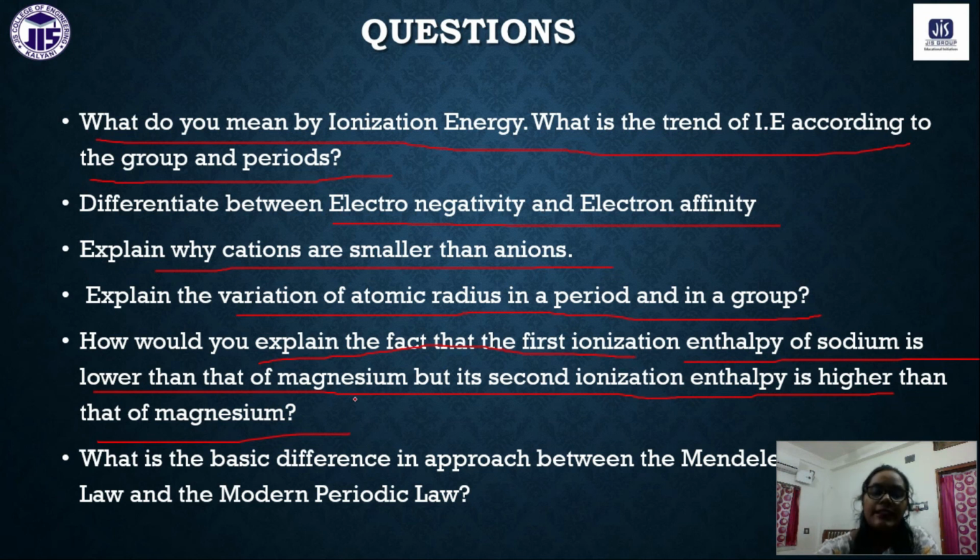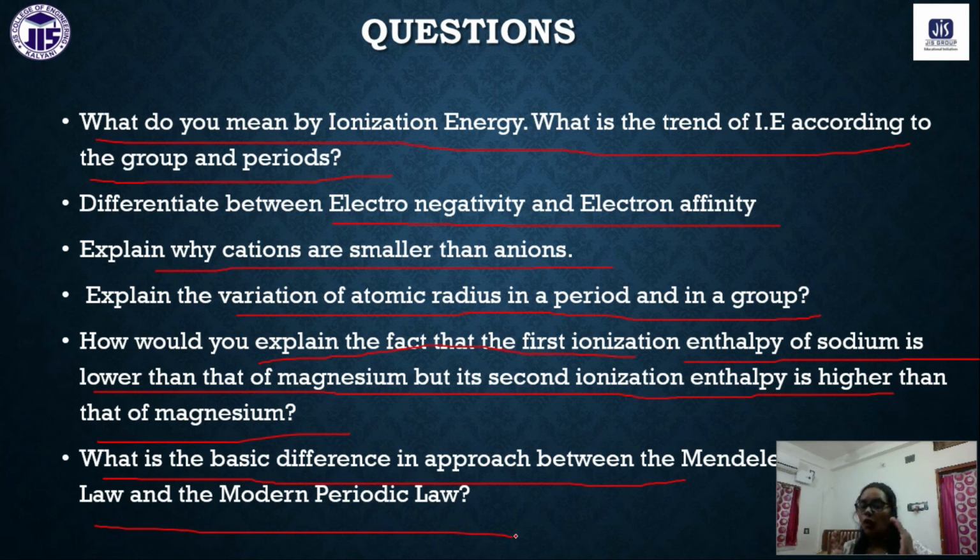Okay, next, what is the basic difference in approach between Mendeleev's law and the modern periodic law? In Mendeleev's periodic table, we arranged the elements according to their atomic mass.